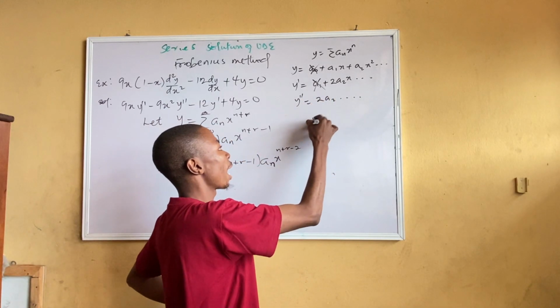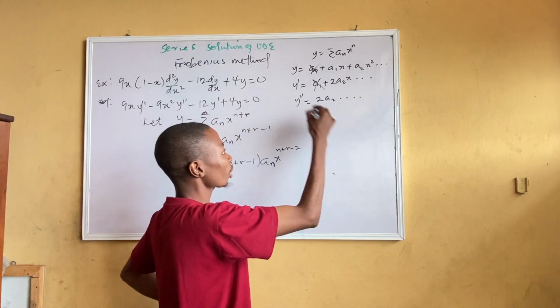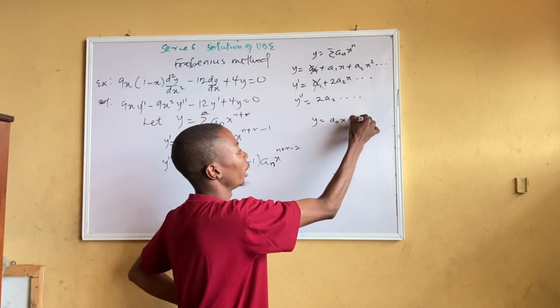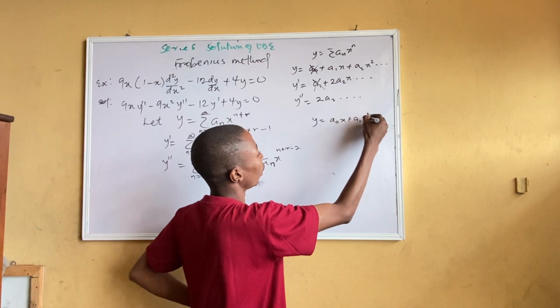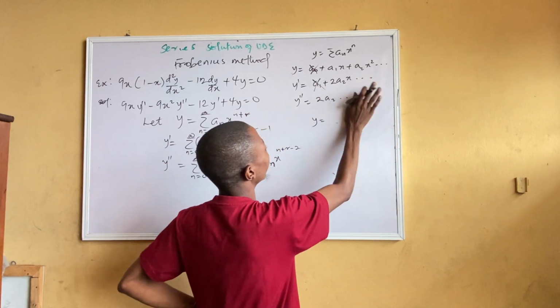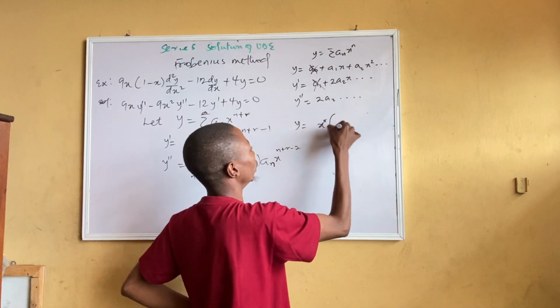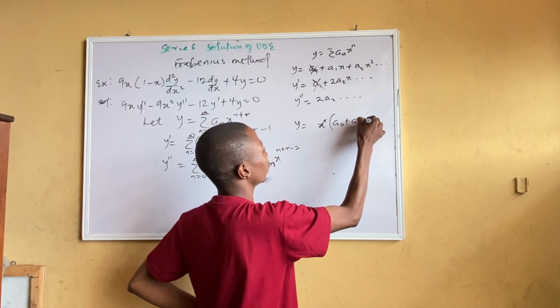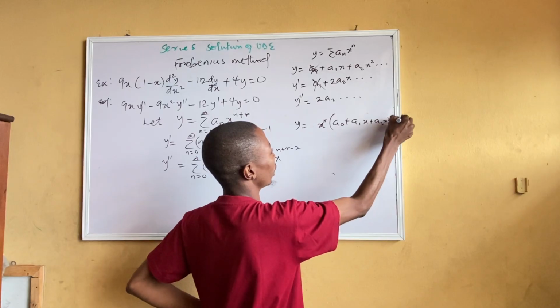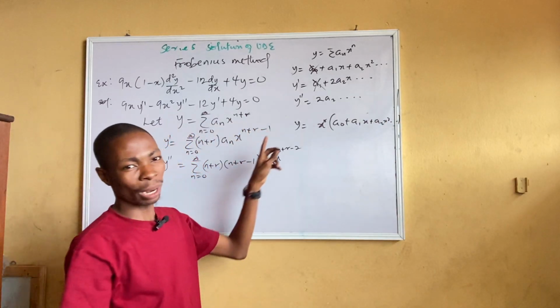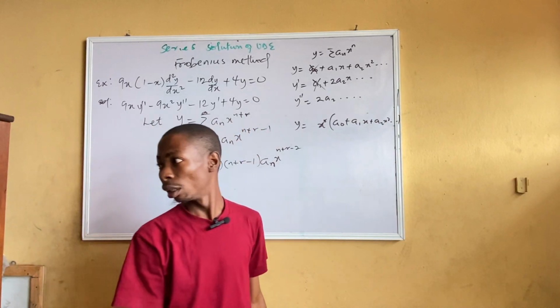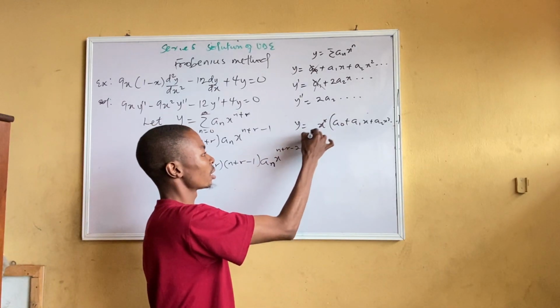But if I have y equals x to the r into a naught plus a1 x plus a2 x squared, this kind of series now, with x to the r. If I take the derivative, what is dy dx?